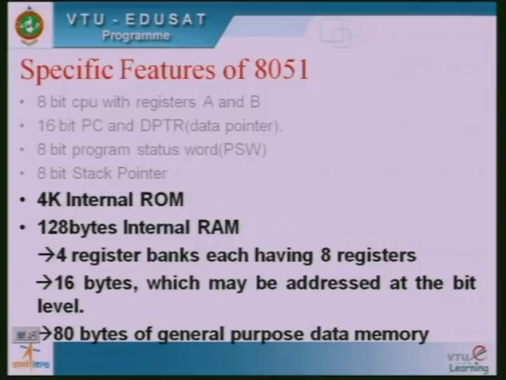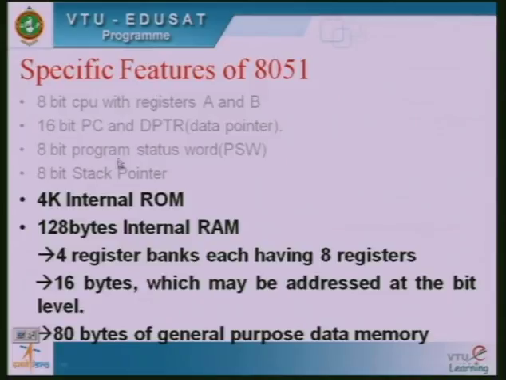Now we will discuss the detailed memory organization in 8051. All these things we have already discussed in the architecture. There is a 4K internal ROM to store program, and 128 bytes internal RAM to store data and operands.